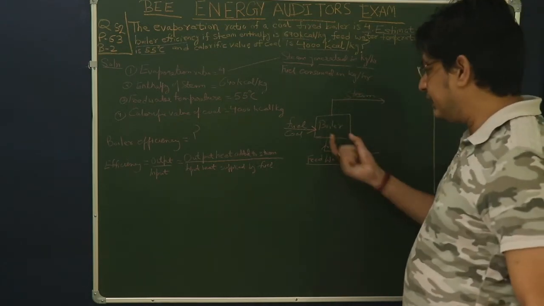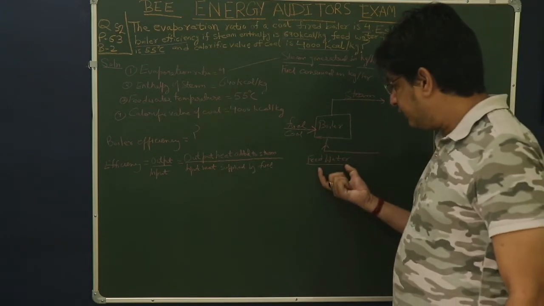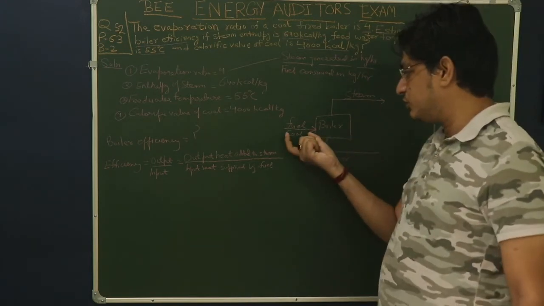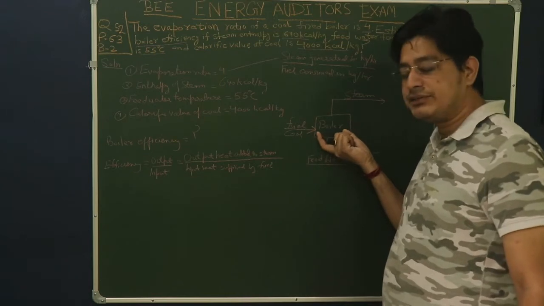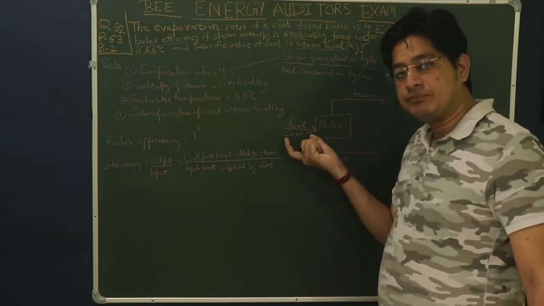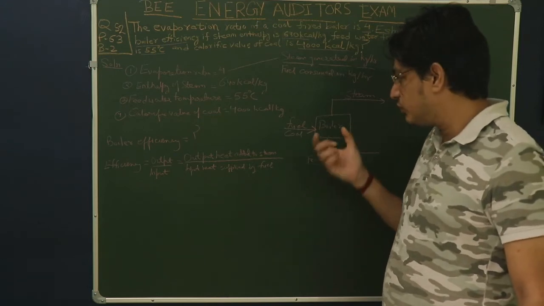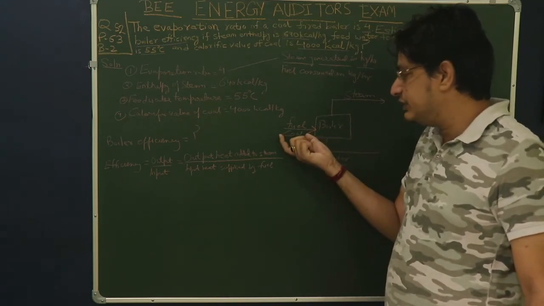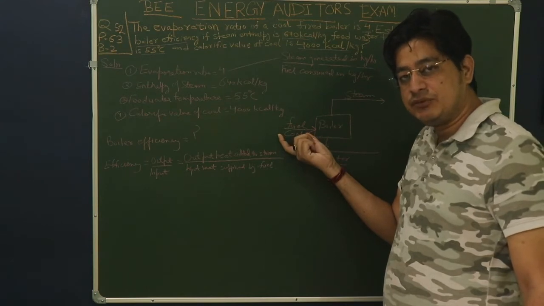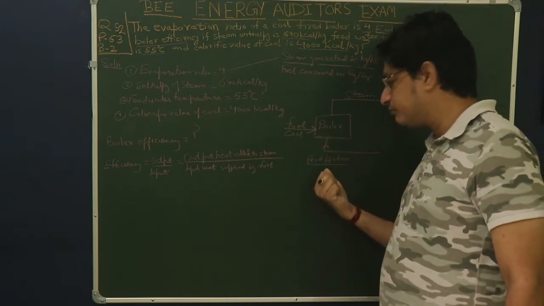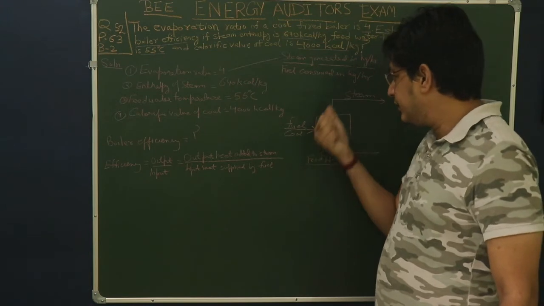So ultimately what is happening in the boiler? Feed water is entering. There is a combustion of the fuel which takes place inside the boiler, and as you all know, when combustion of fuel takes place, energy is released. The energy released by the combustion of this fuel is added to the feed water to convert it into steam.